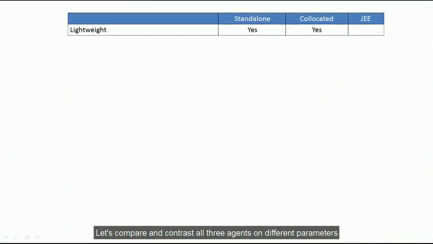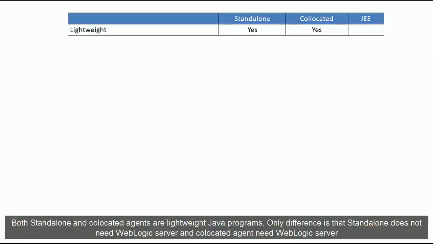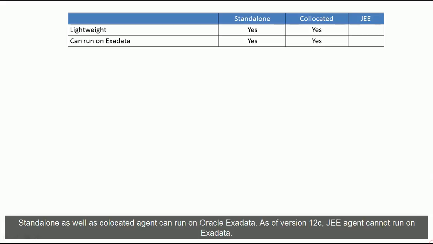Let's compare and contrast all three agents on different parameters. Both standalone and collocated agents are lightweight Java programs. Only difference is that standalone does not need WebLogic server and collocated agent needs WebLogic server. Standalone as well as collocated agent can run on Oracle Exadata.